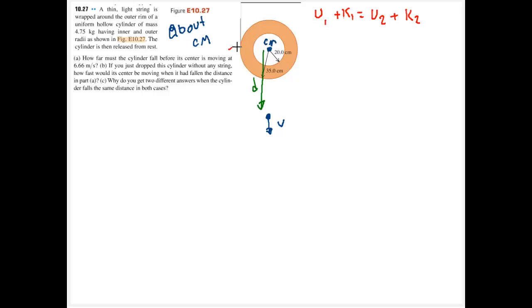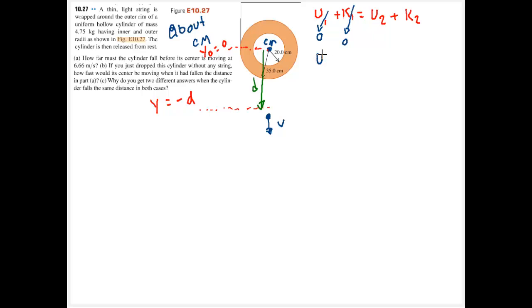If I define my system such that my starting position, y0, is 0, and my y value right here is negative d, then my initial potential energy is going to be 0, and this was released from rest, so initial kinetic energy is going to be 0.